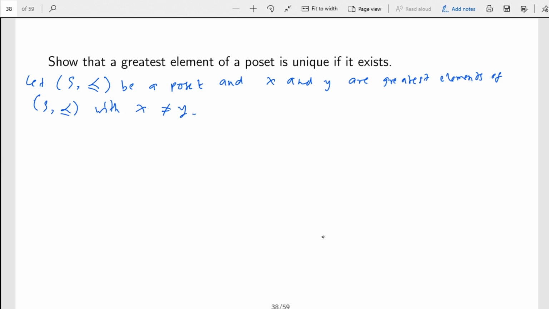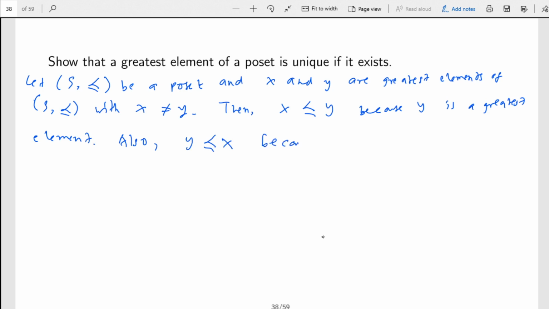If this is the case, then by definition x is less than or equal to y because y is a greatest element. Also, y must be less than or equal to x because x is a greatest element.